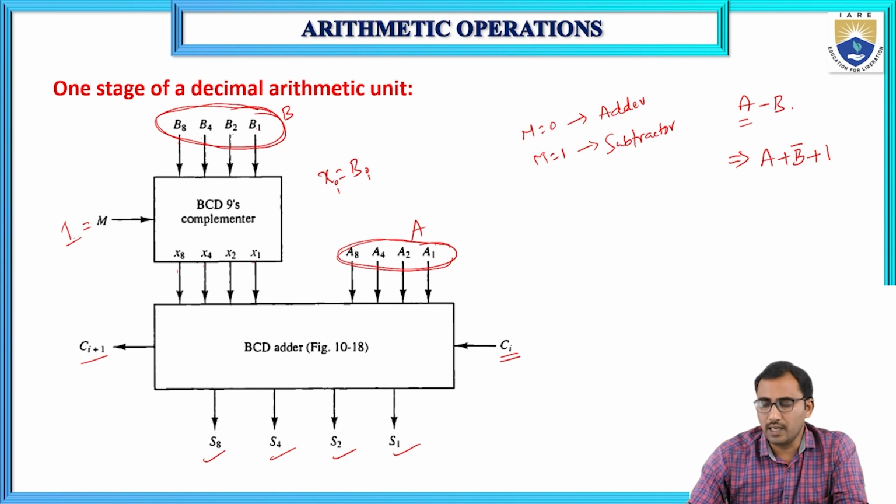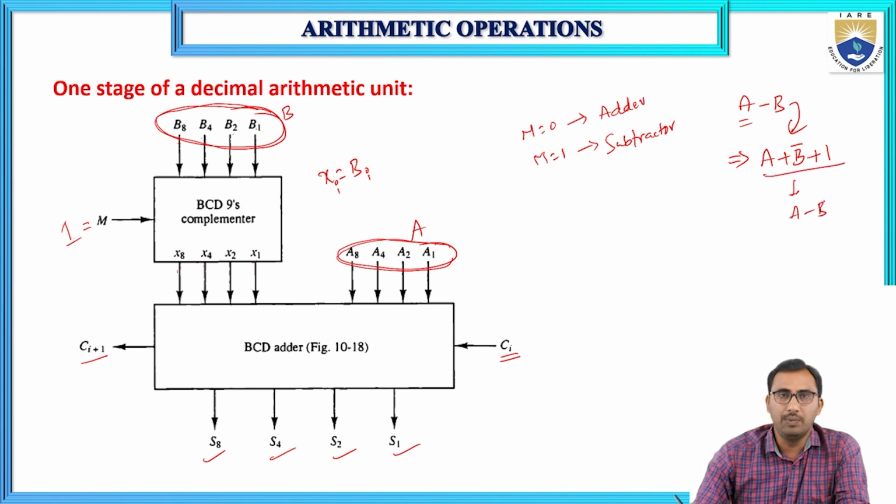That is, A minus B is equal to A plus the complement of B plus 1. By adding these three, it gives a result equivalent to A minus B.